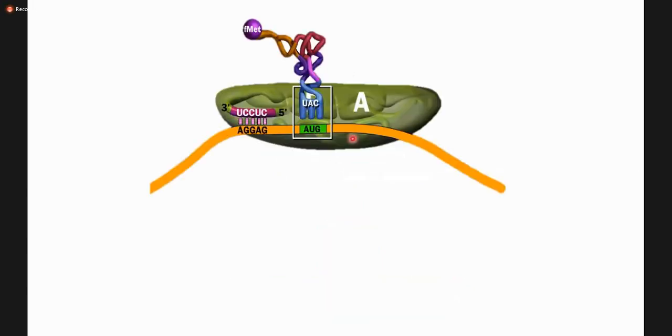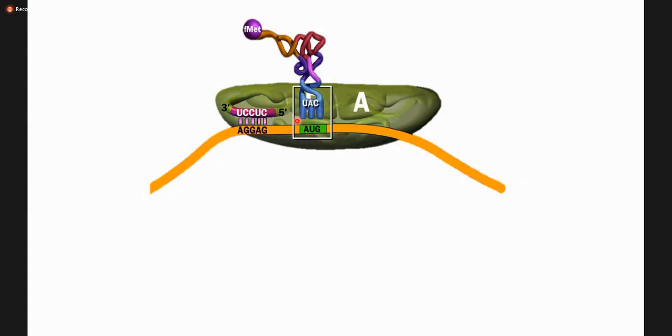Now, this is the first amino acid, which comes at the peptidyl site, carrying formylmethionine in the prokaryotes. The specific transfer RNA is carrying the formylmethionine. The anticodon UAC binds with the first codon, which is AUG.